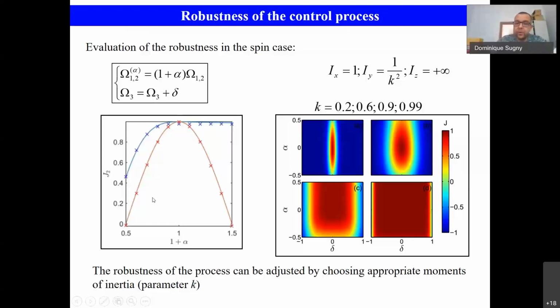And so here we have some experimental results, and here is just a picture showing you the evolution of the robustness as a function of k.